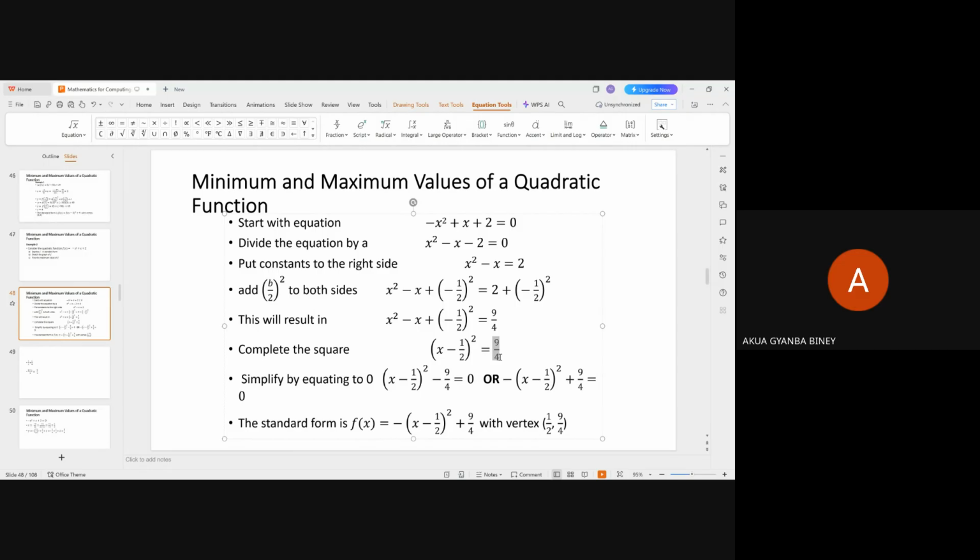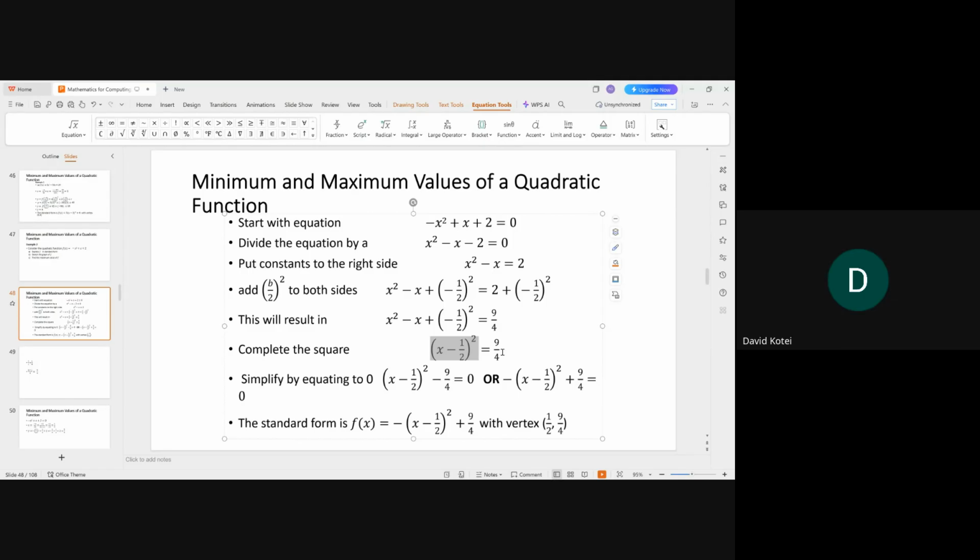Then the left-hand side, put the squares together. X minus 1 over 2, all squared, is what you get here. Now, we want to equate this whole thing to 0. Please, I learned that we can multiply through by the denominator, that is 4.